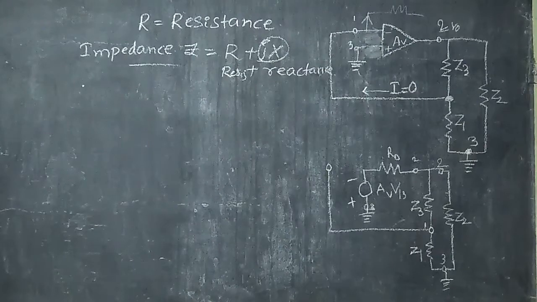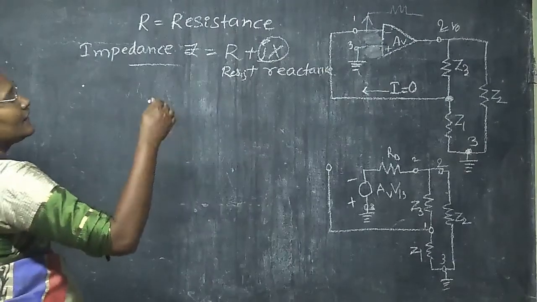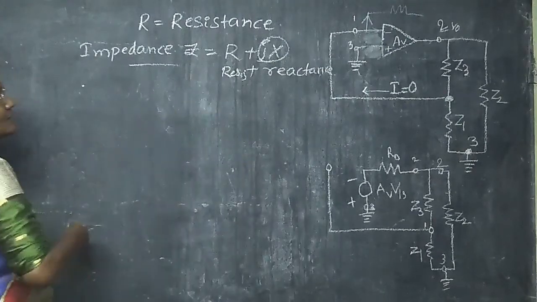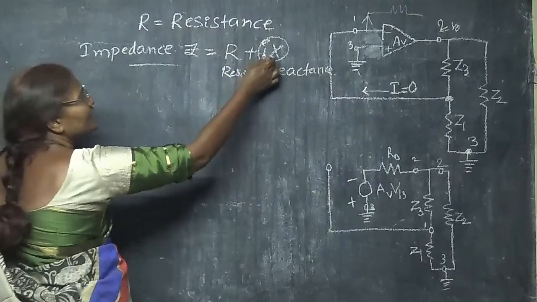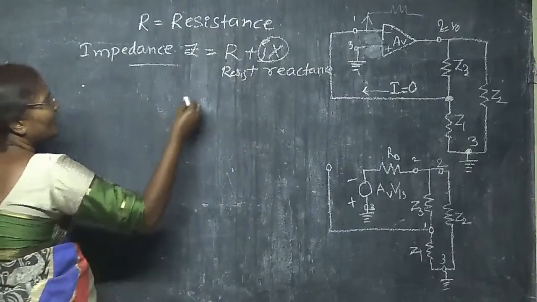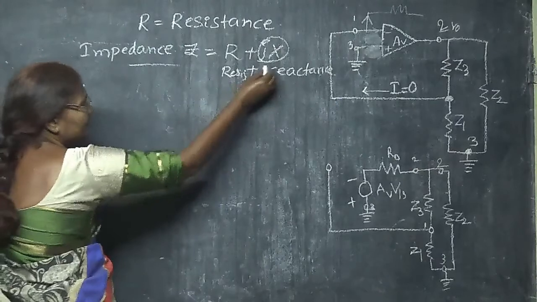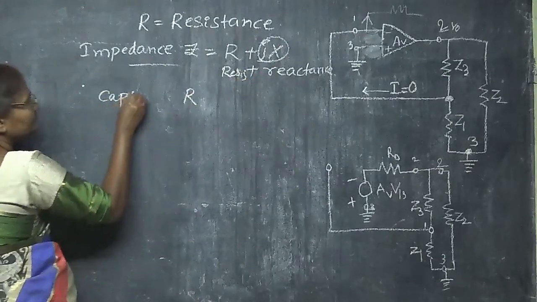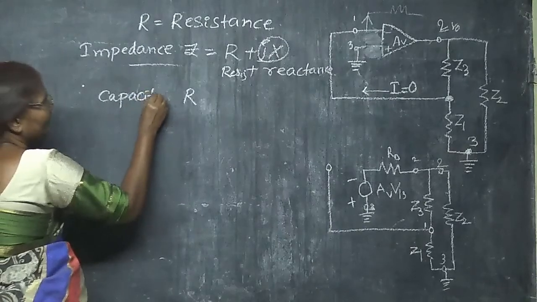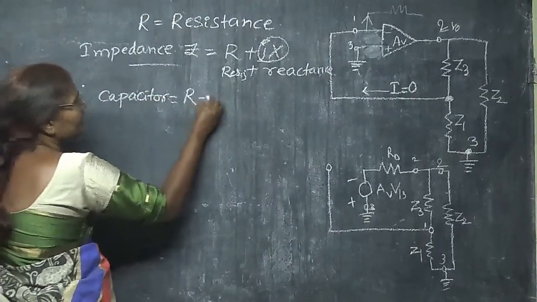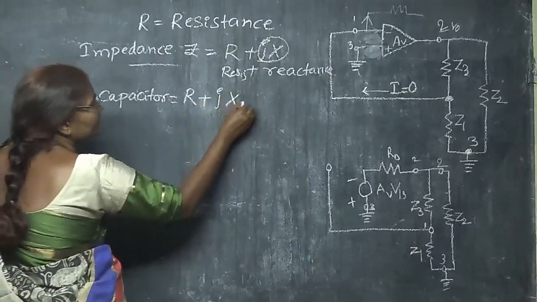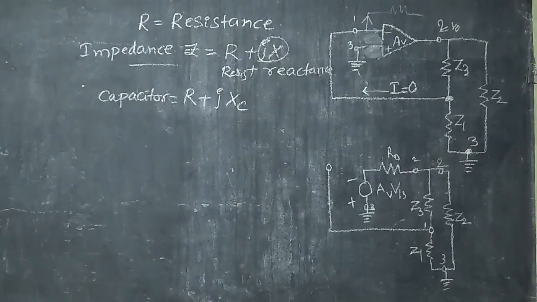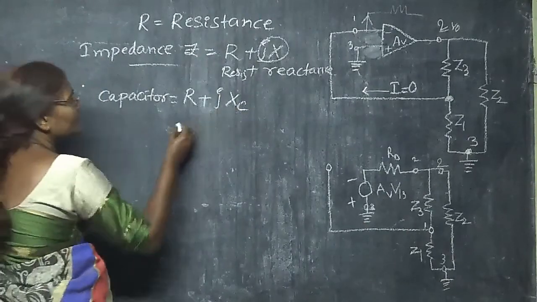Also, if my given element is a capacitor, then what is my jX going to be? I can represent this with Xc. So what is this Xc going to be?